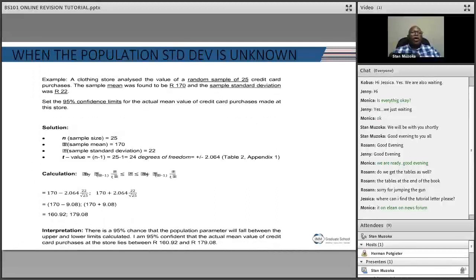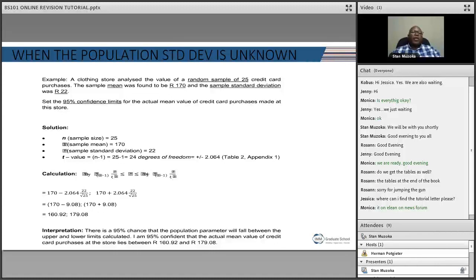Where it is unknown, where we don't know the population standard deviation, we may want to use the T distribution. It is the one that best estimates our interval in situations where we don't know the population standard deviation.